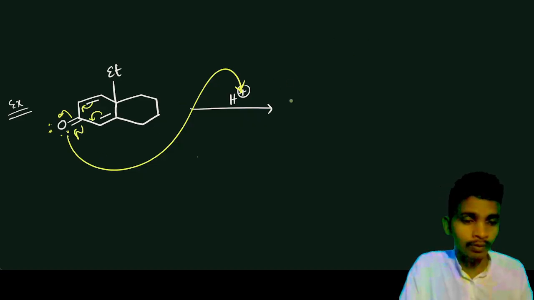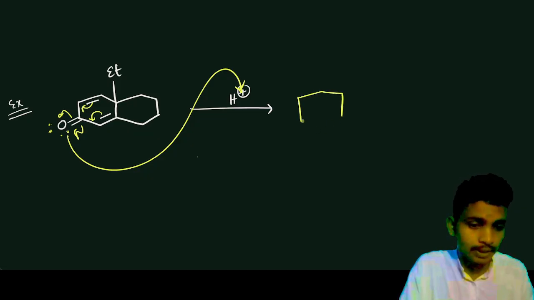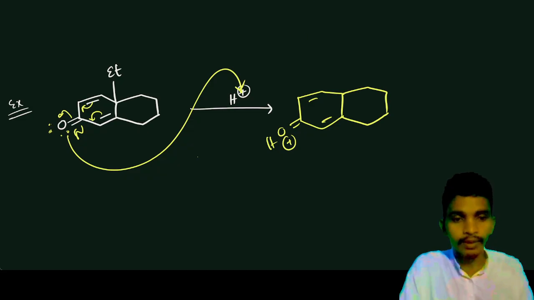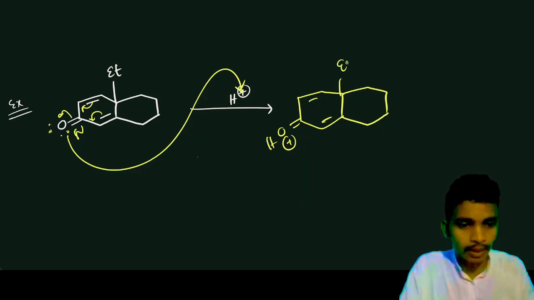So all the conditions are satisfied, so we can move like this, and this is OH, this is positive, this and this. Now wherever the ethyl is there, that will shift, because of the acidic medium.